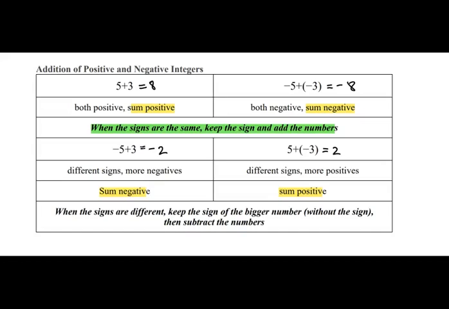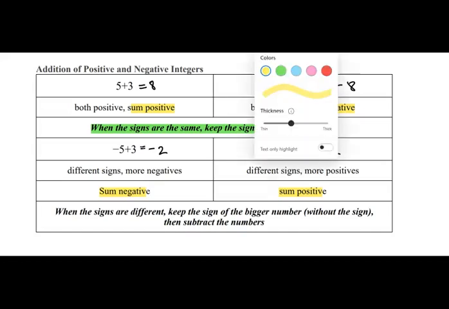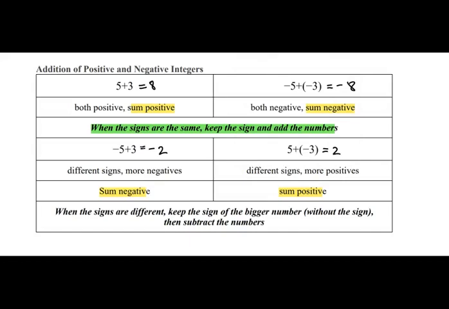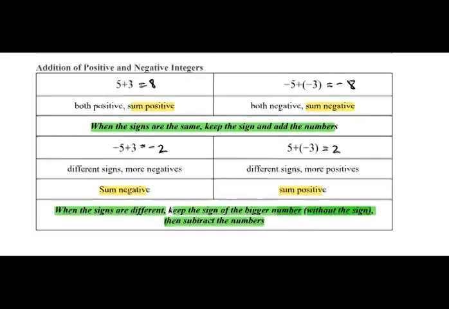Now we're ready to formalize our next rule for addition, for adding numbers with different signs. When the signs are different, you keep the sign of the bigger number without the sign, and then subtract the numbers. Find the difference between them.